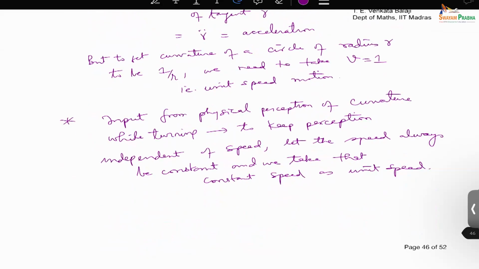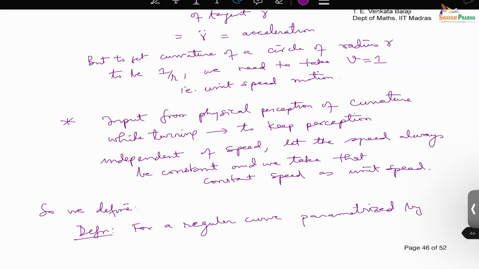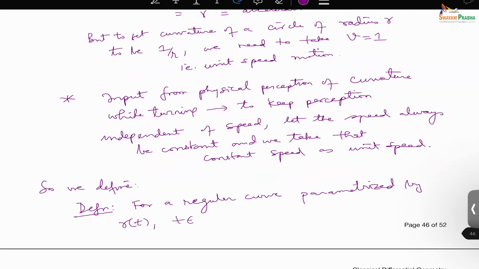Okay, so I will just write out the final definition. So we define, a definition for a regular curve parameterized by gamma of t, t belonging to the open interval (a, b) in R. Gamma is C2 on (a, b), gamma is second continuously differentiable, and gamma has unit speed.